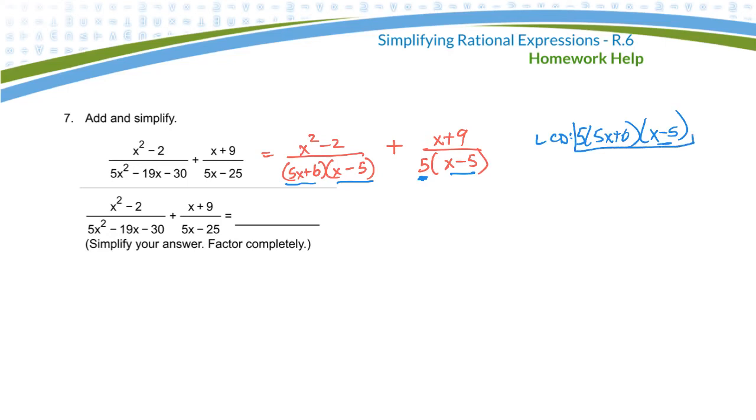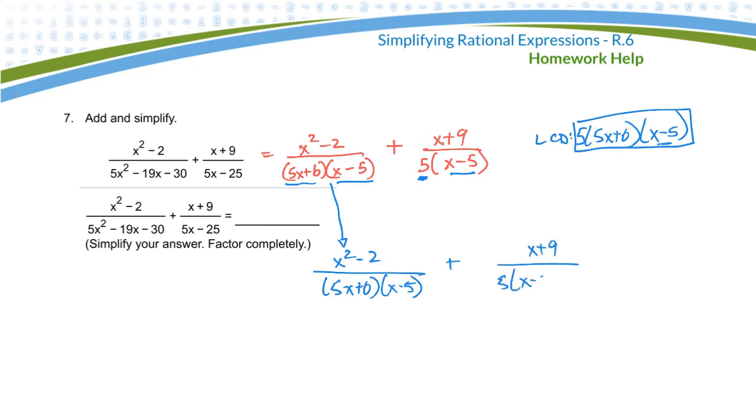So this is my lowest common denominator. So this one here I'm going to change so it has that. So I have x squared minus 2 over 5x plus 6, x minus 5. That's what I have. Plus, over here I have x plus 9 over 5, x minus 5.